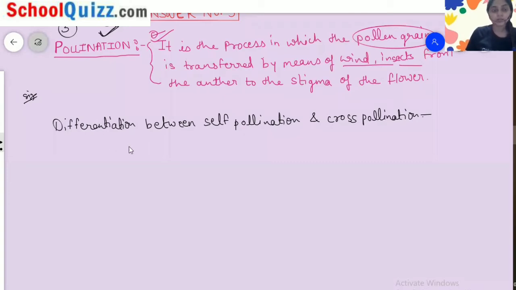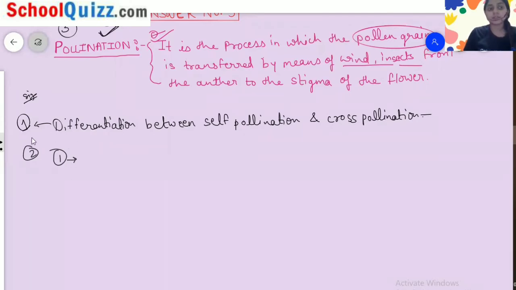Now in the differentiation part you can write 2 points. Why? Because this is also for 1 mark. If you write only 1 point, this answer might not impact the examiner more.